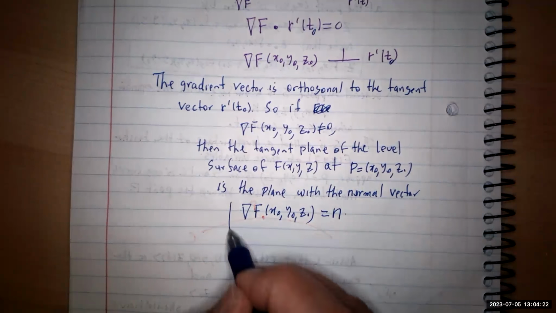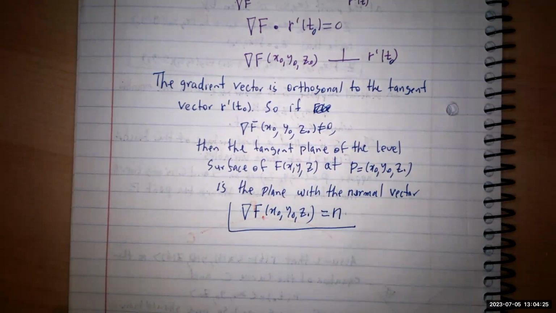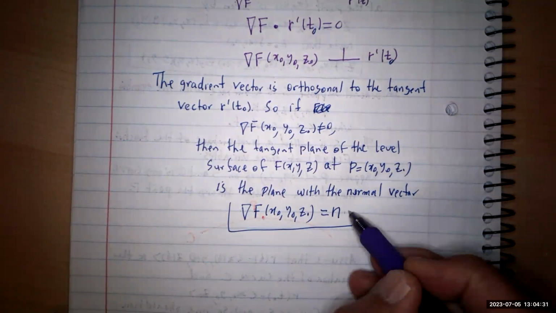We usually write the normal vector as A, B, C, remember?